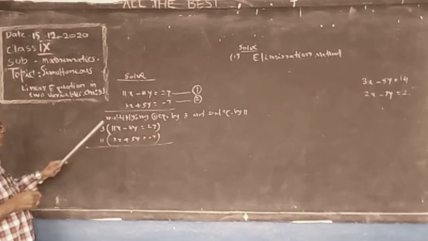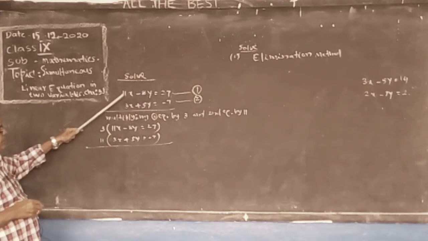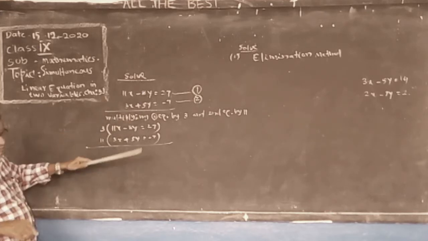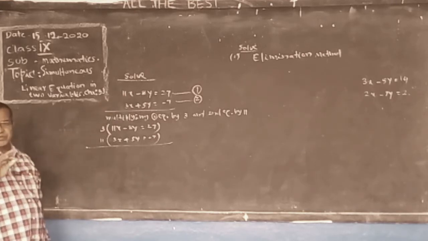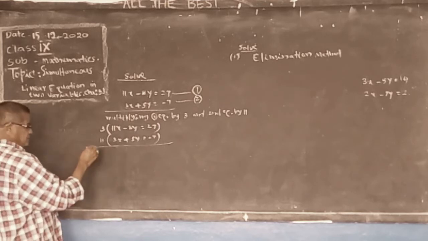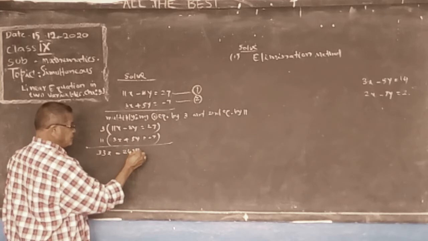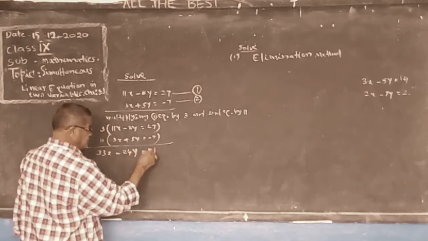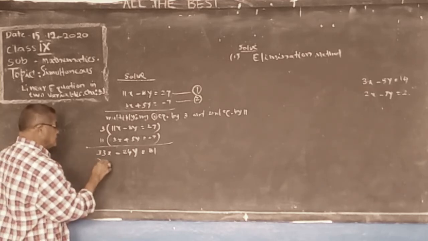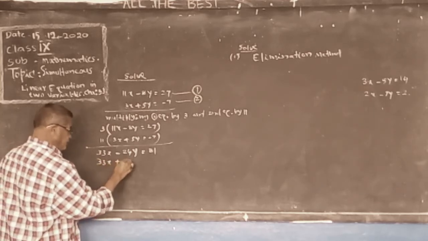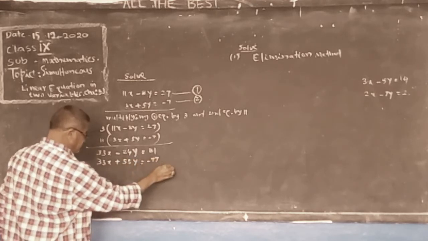Multiply the first equation by 3, the second equation by 11, because of their coefficients. Interchange the coefficients. Now this is 33x minus 24y is equal to 81, and 33x plus 55y is equal to minus 77.